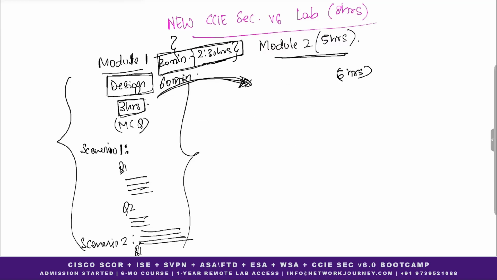Once you take the decision of going from design to module 2, you cannot come back. Remember that. And the hours also don't carry forward. So take your time, spending 1 hour, 1.5 hours, 2 hours. Do the design part, which is MCQ based, properly. Then go to the next module.